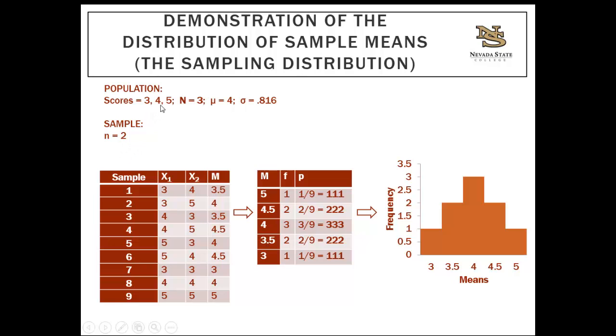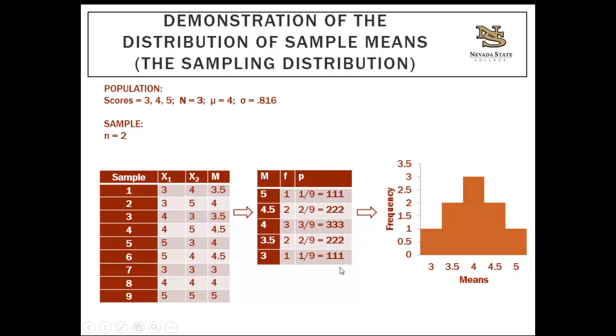All right, so I also created a histogram with this data, with the means and the frequencies, and you can see that we have a nice normal curve here. And most often your sampling distribution will be a normal distribution. But here in a little bit, I'll show you something called the central limit theorem that tells you exactly when your sampling distribution will be normal.